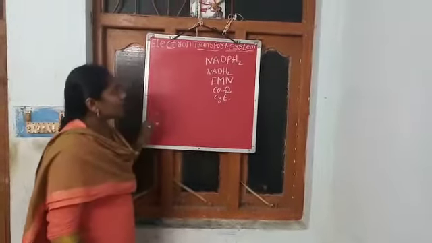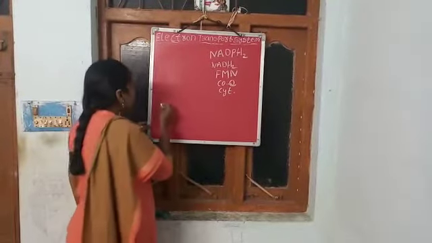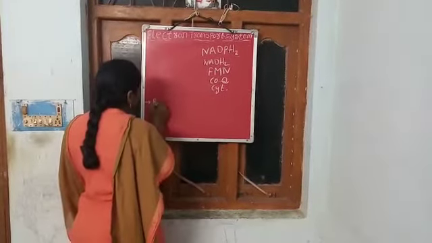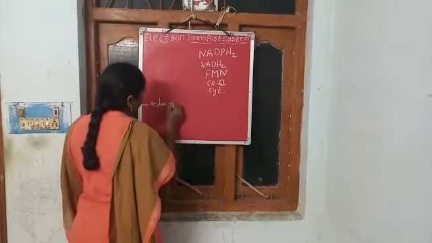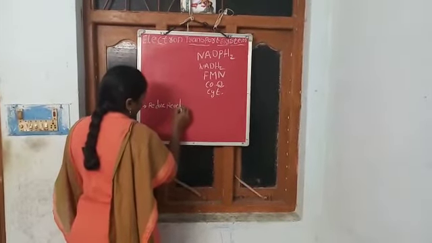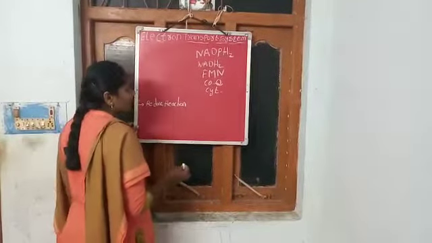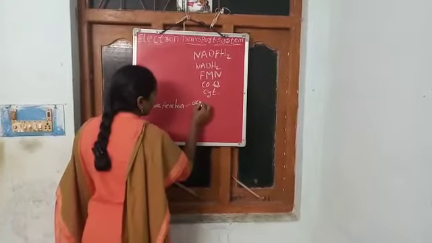The electron transport system comes in the category of redox reactions. Why redox reaction? Because it is constantly followed by oxidation and reduction.